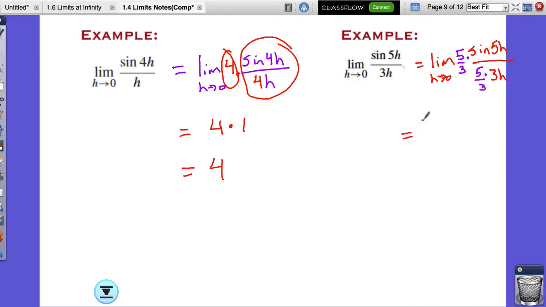Then we end up having 5/3, because that 5/3, the first one, can come out. And then we'd have the sine of 5h over 5h. And according to what we just learned, that's equal to 1.